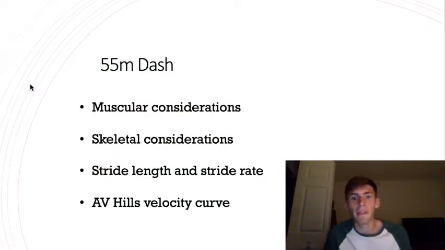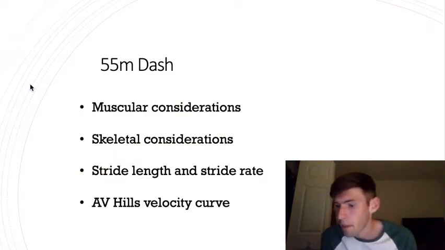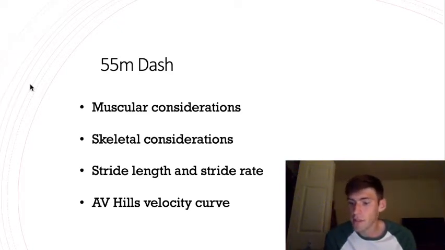So the 55-meter dash, muscular considerations. The hamstrings are used for hip extension and knee flexion. The calves, which are the soleus and the gastrocnemius muscles, aid in plantar flexion. The quads aid in hip flexion and knee extension, and then the abdominal muscles will provide stability throughout the run.